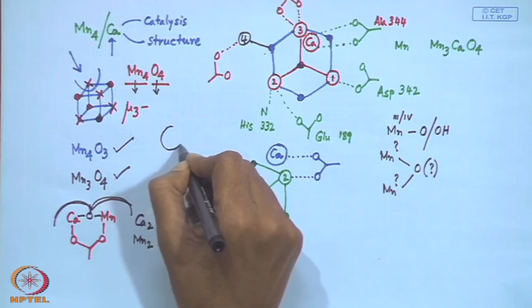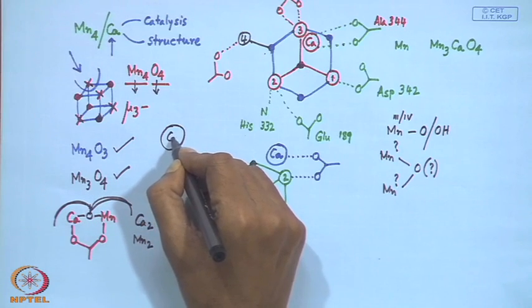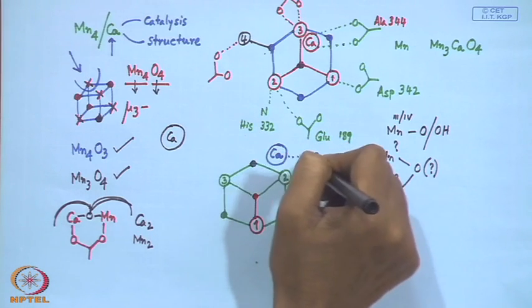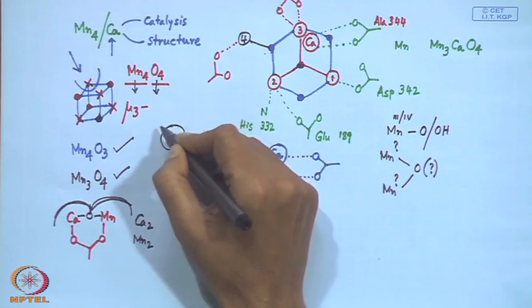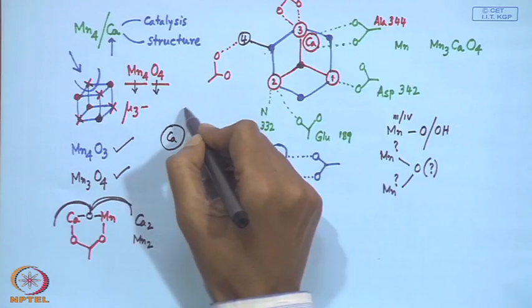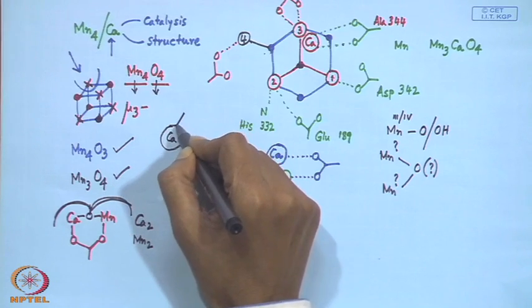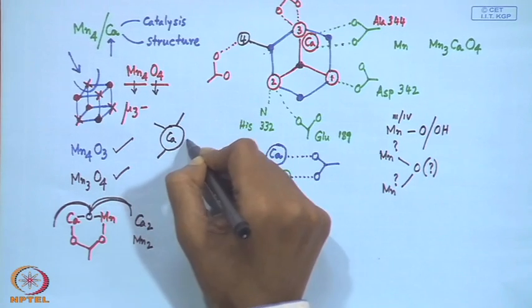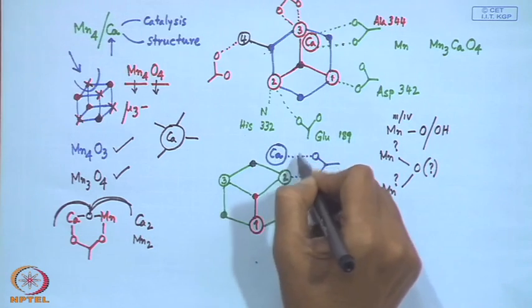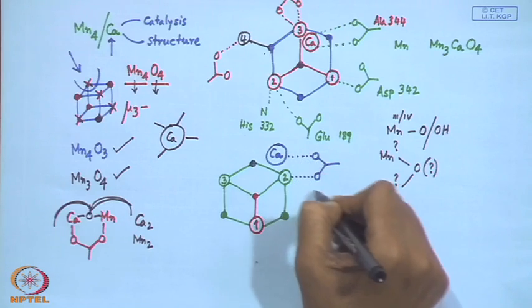If you have a metal center like calcium or cadmium, since it has no such preference for binding, only the available donor groups from this protein chain or some biological chain can come, and it can have all sorts of arbitrary coordination. So, one such arbitrary coordination can make this particular group a bridging mode.